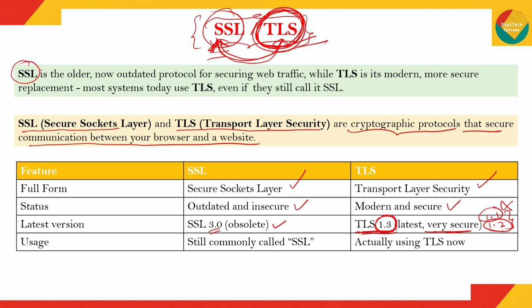When we talk about usage, most people still use the term SSL, even though they are actually using TLS, which is 1.3 or 1.2. Traditionally it is asked about as SSL, and you will see most people still referring to it as SSL.